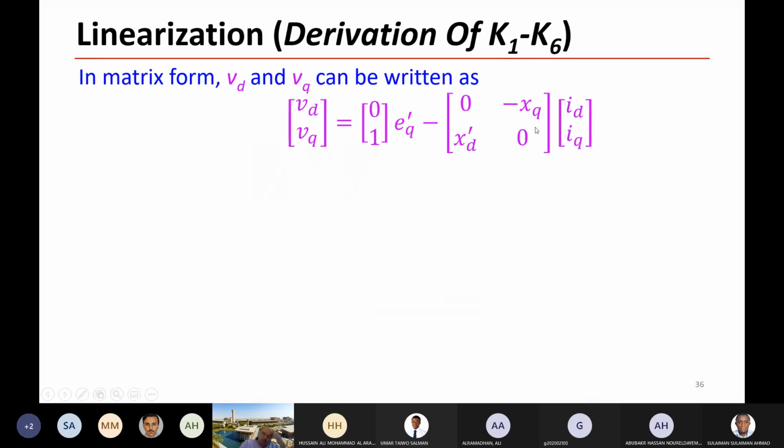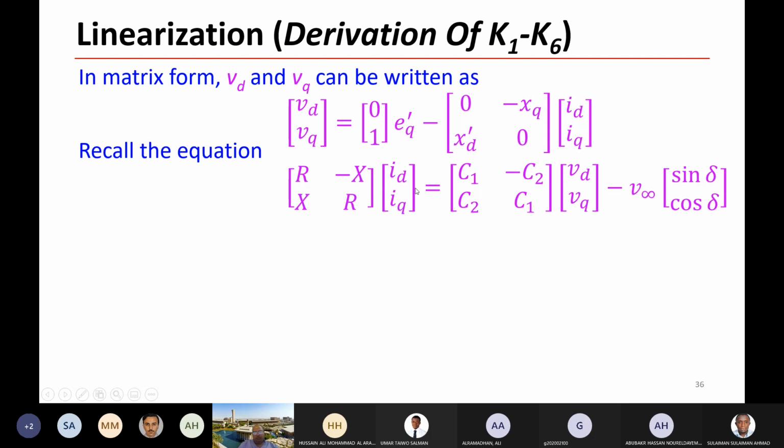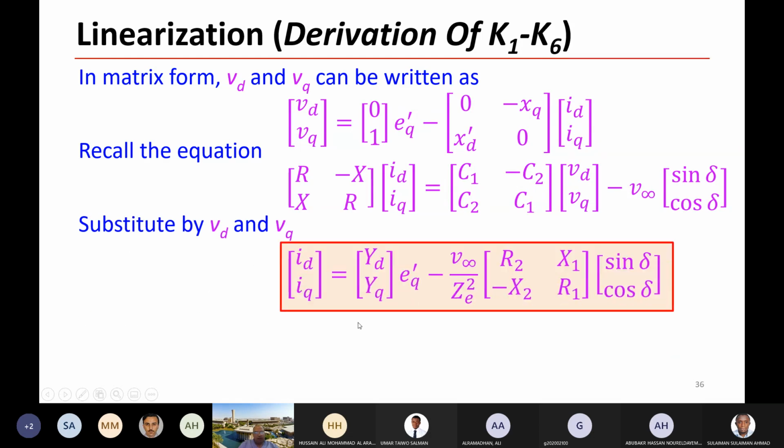So this is Vd and Vq expressed in matrix form. Just for simplicity and derivation, recall the equation. This is a very important equation. The Id and Iq, if you express the Vd and the Vq here, you can get the Id and Iq in terms of Eq prime and the delta. So substitute the Vd and the Vq. You can have Id, Iq equal to these constants multiplied by Eq prime, and you have this V infinity sine and cosine multiplied.